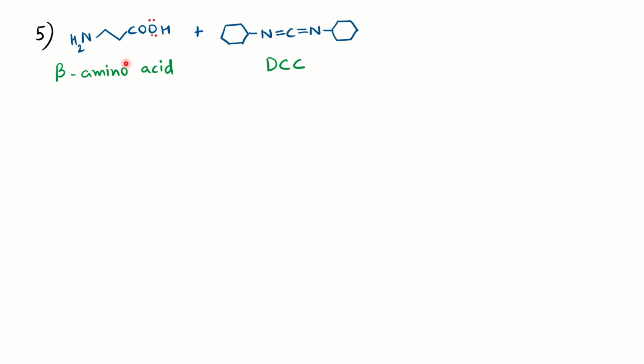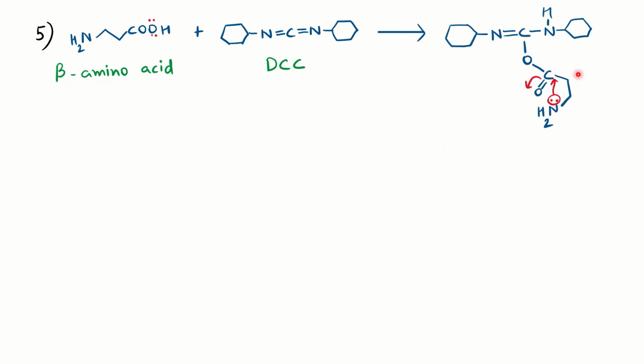In this case, only one reactant is given in the presence of DCC, and we know the role of DCC is the loss of water. So it is going to happen as an intramolecular loss of water, and it will give you the beta-lactam product. How? We will see. We know that you have a nucleophile in the acid and you have an electrophilic center. So you will get this intermediate.